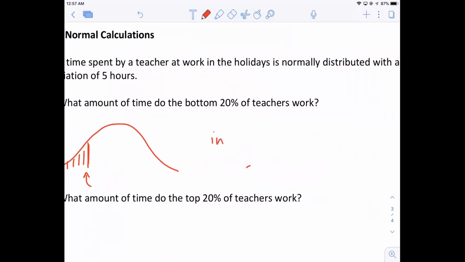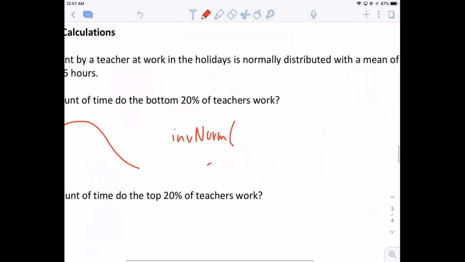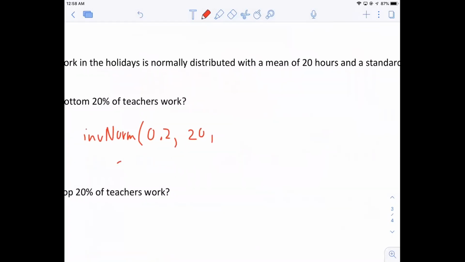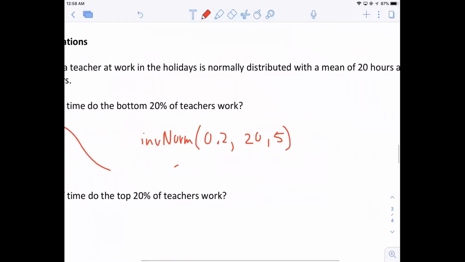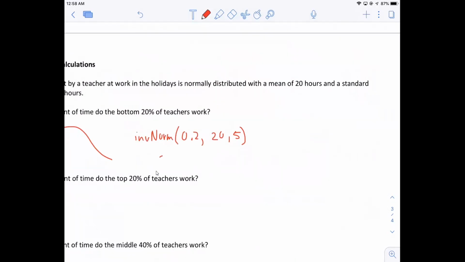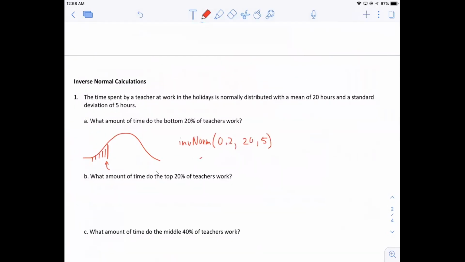So we're going to do inverse norm of, the area is going to be 0.2, comma, mean of 20, and a standard deviation of 5. And again, all we do is type this into the calculator, 0.2, 20 and 5.